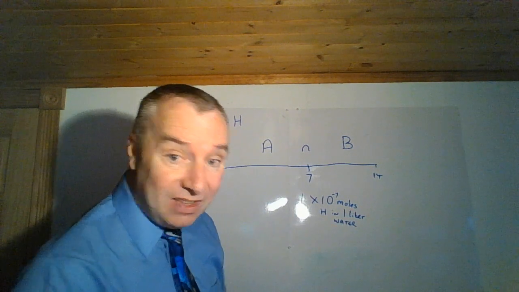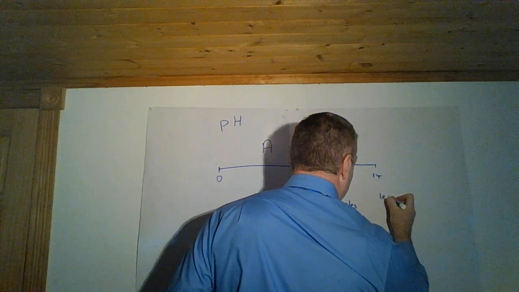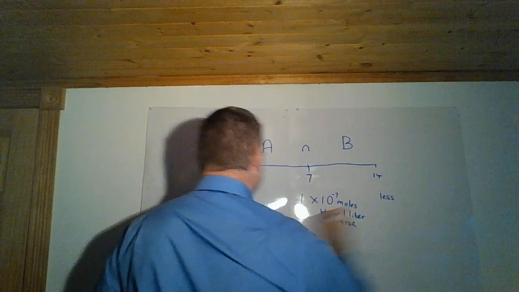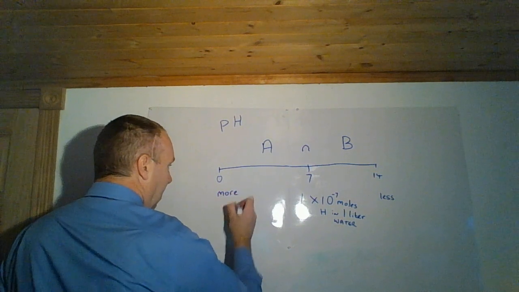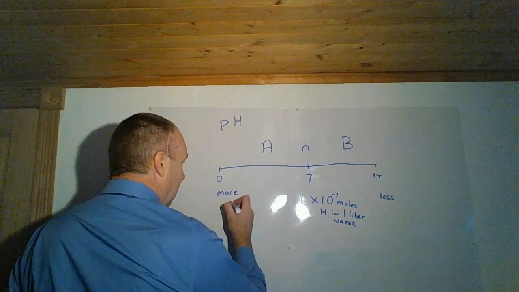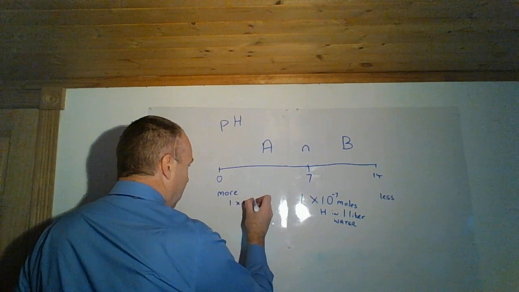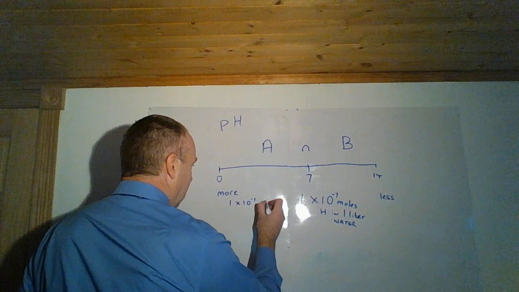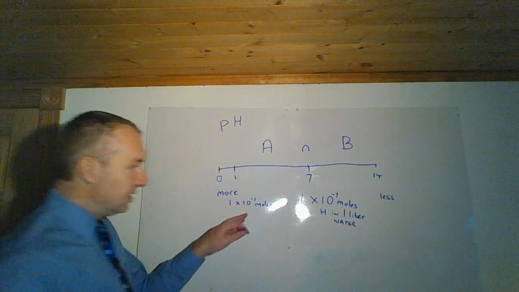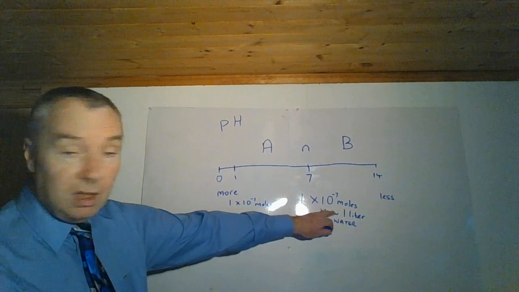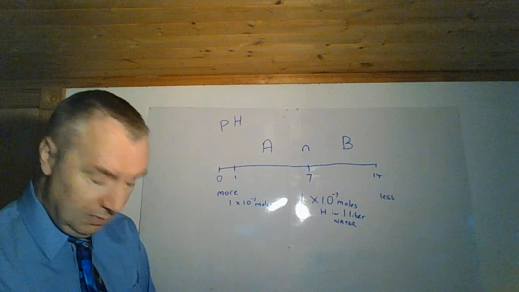So there are less free hydrogen ions on this end and more on this end, because 1 by 10 to the minus 1 moles, for instance here at 1, is a larger number than 1 by 10 to the minus 7 moles.